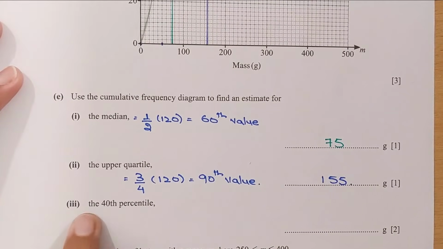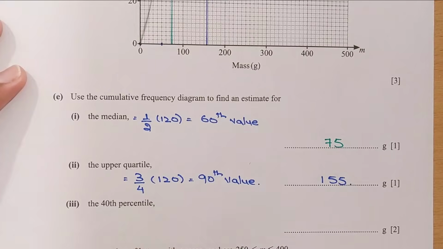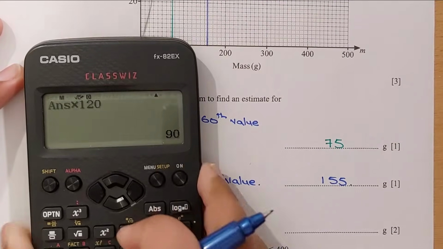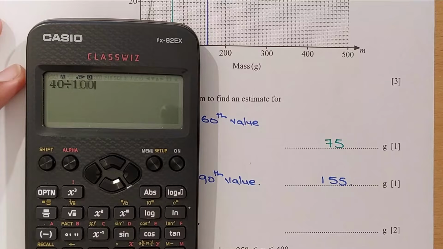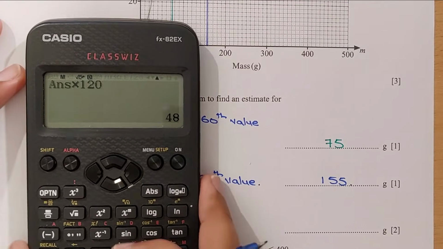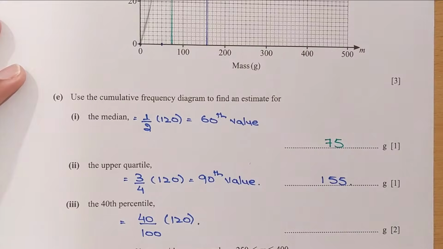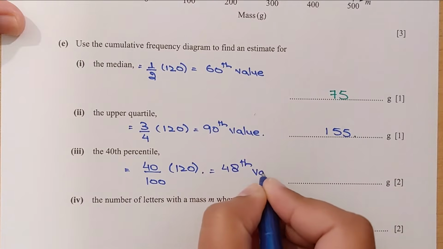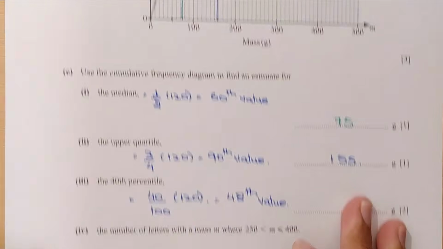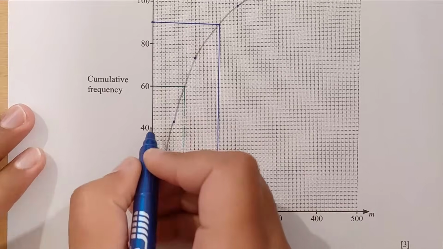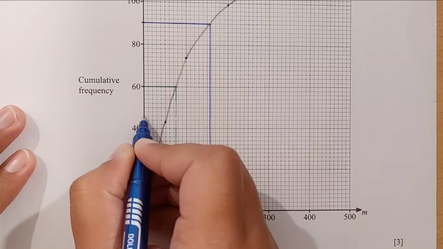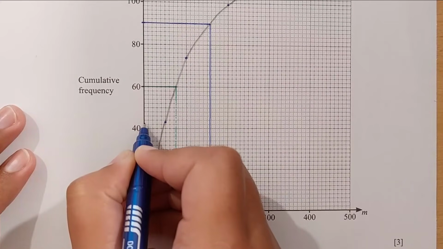Okay, now for part 3, the 40th percentile. The 40th percentile means 40 divided by 100 times 120. So let me calculate. 40 divided by 100 times 120 is 48, the 48th value we need to find. So we have 40 here, and we have 42, 44, 46.